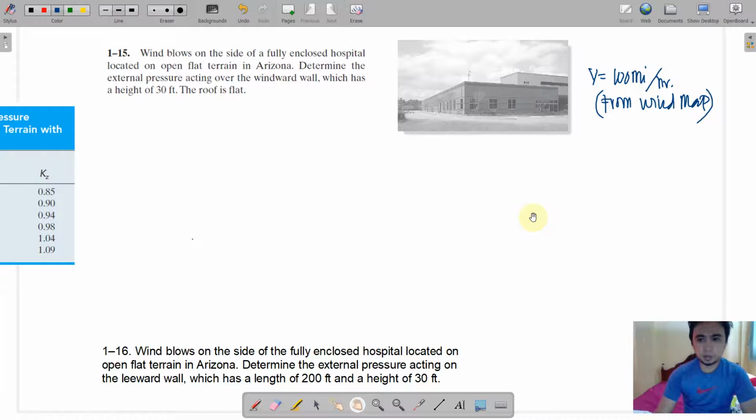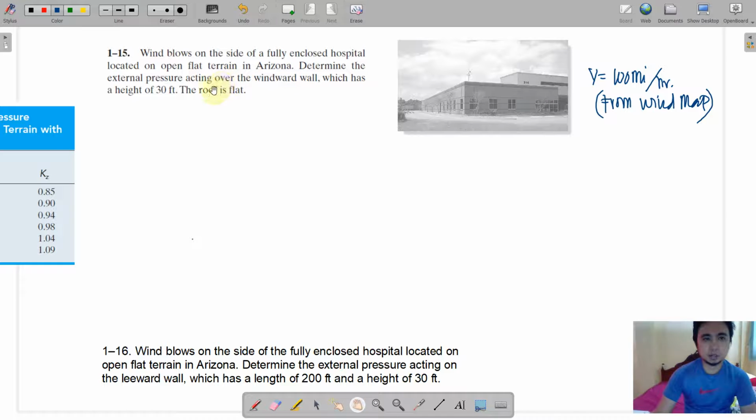Okay, so let us consider this first problem. So this problem came from just the same. We have the book of Hibbeler as a reference. So 1-15, wind blows on the side of a fully enclosed hospital located on open flat terrain in Arizona.